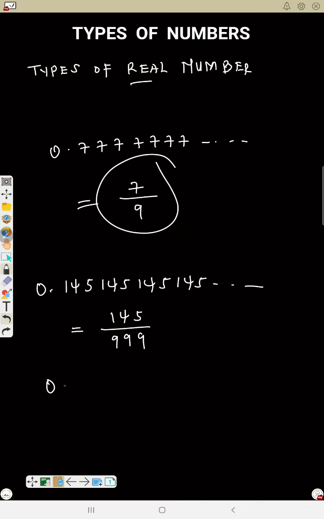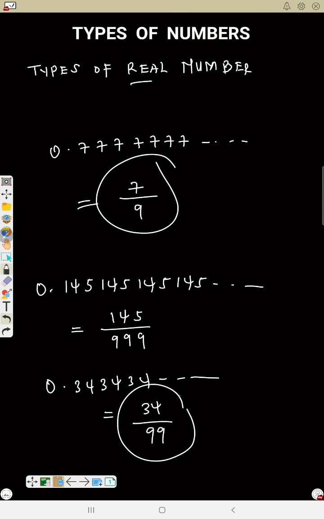Now look at this. 0.3434 continue. To change this, 3 4 are repeating, so I'll write 3 4 divided by 3 4. That is 2 numbers, so that will be 9 9.